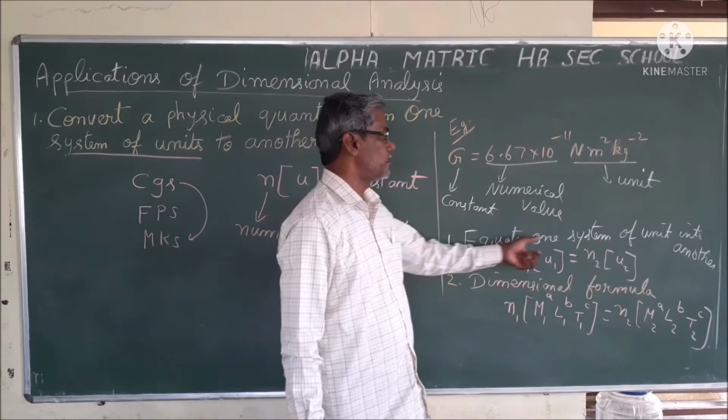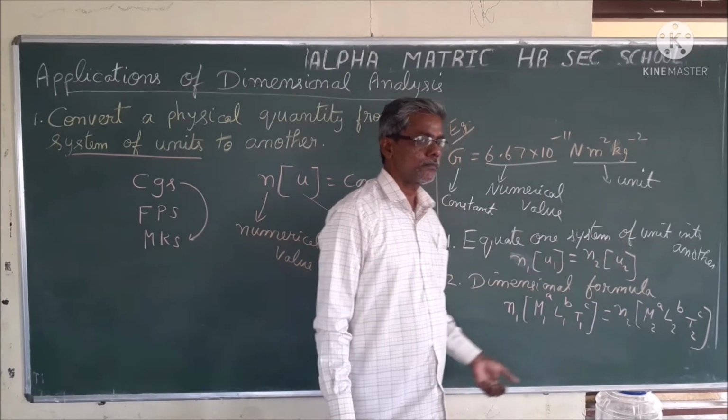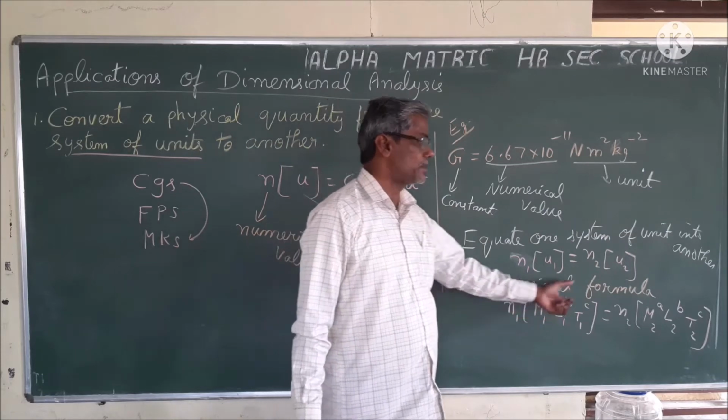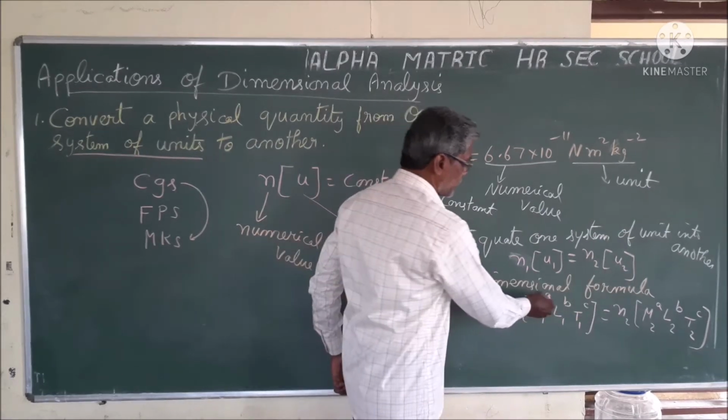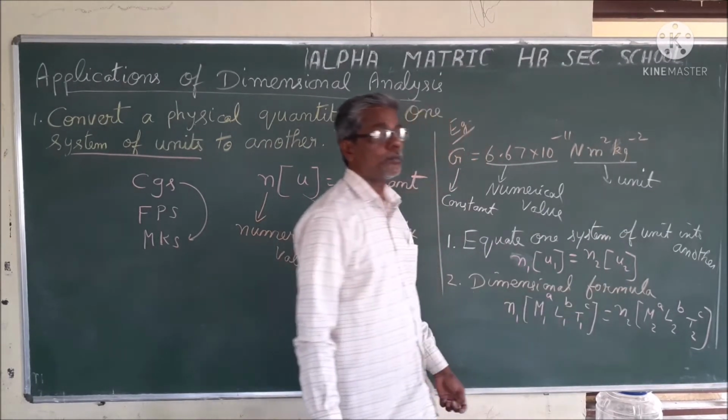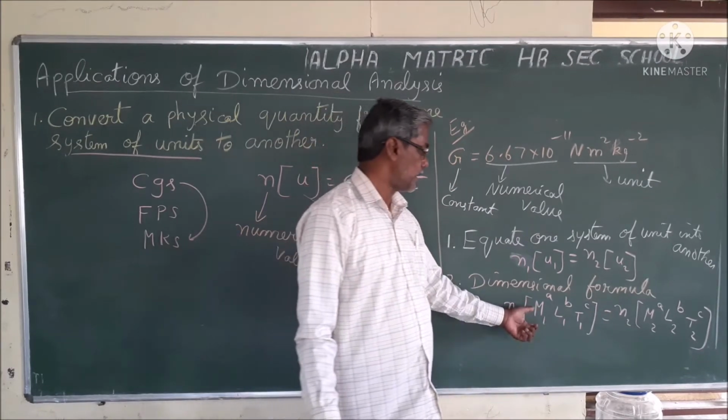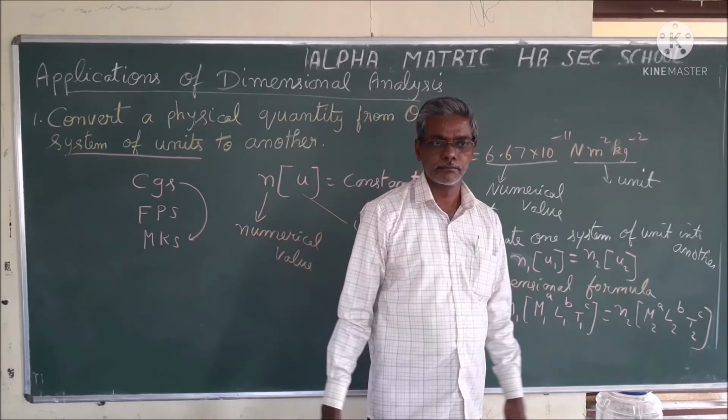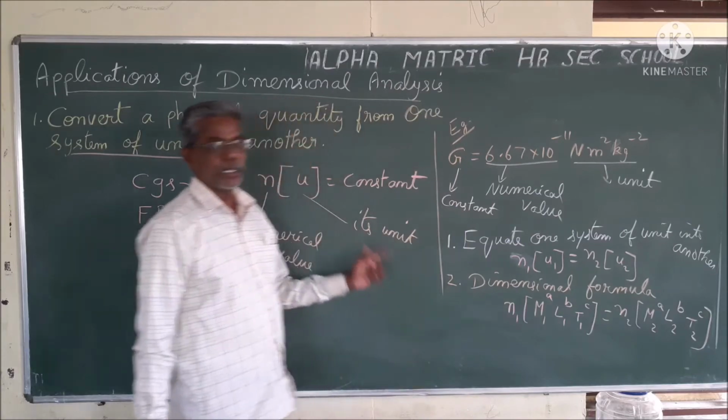First, we must equate one system of units to another system. Then you must write the dimensional formula. Here a, b, and c are the powers of the dimensions M, L, T. Understood? It is clear now.